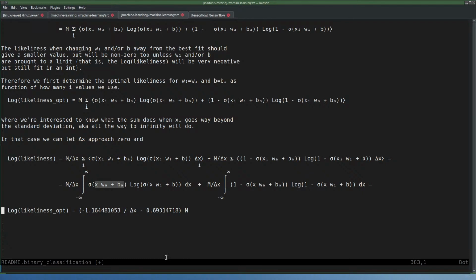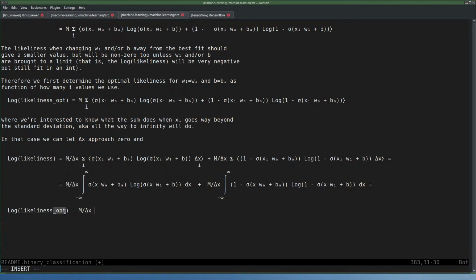Now, even if you fill in the likeliness opt, we get, I think I'm going to recalculate it. So we get m divided by delta x plus the integral of minus infinity to infinity.